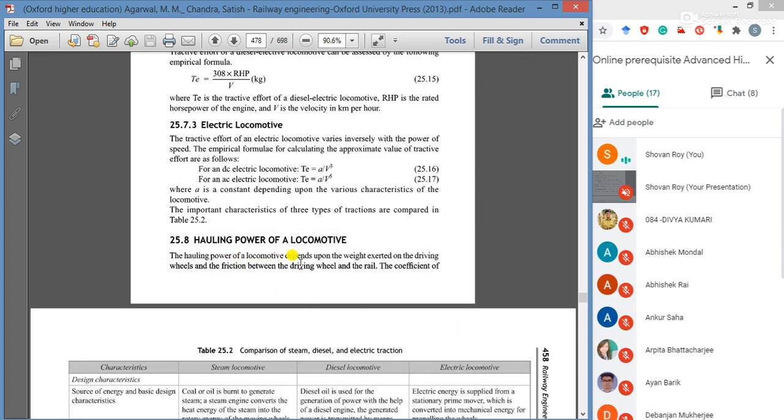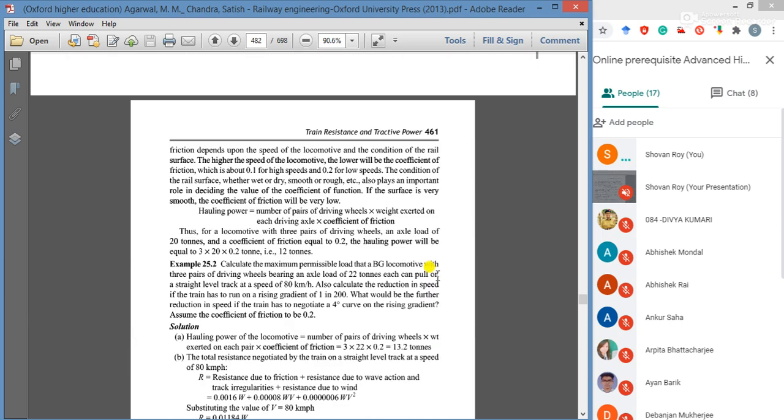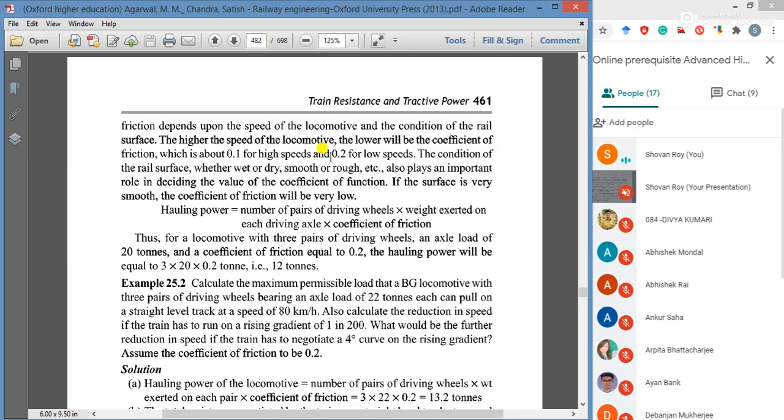The hauling power of a locomotive depends on the weight exerted on the driving wheels and the friction between the driving wheels and the rail. The coefficient of friction depends upon the speed of the locomotive and the condition of the rail surface. The higher the speed of the locomotive, the lower the coefficient of friction, which is about 0.1 for high speed and 0.2 for low speed.